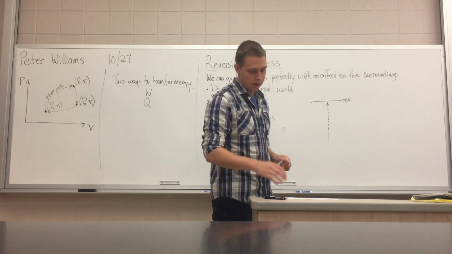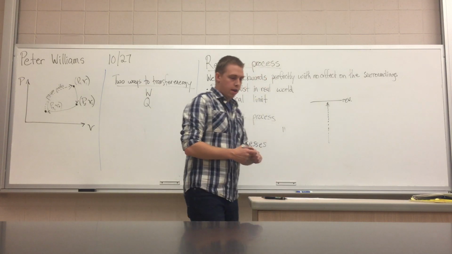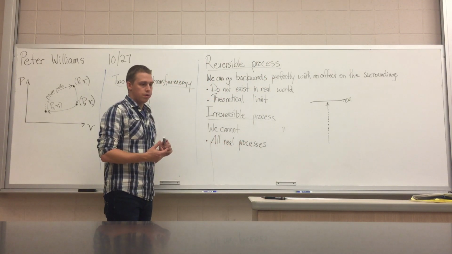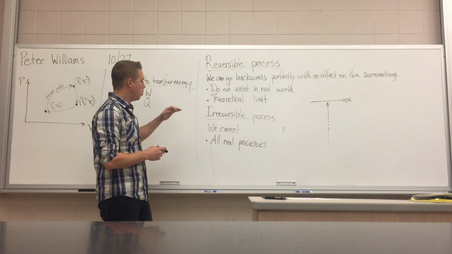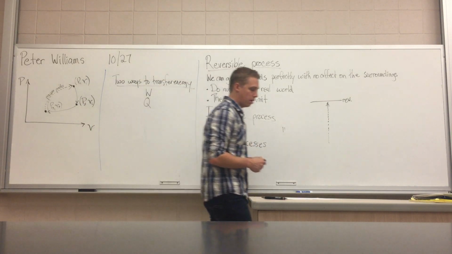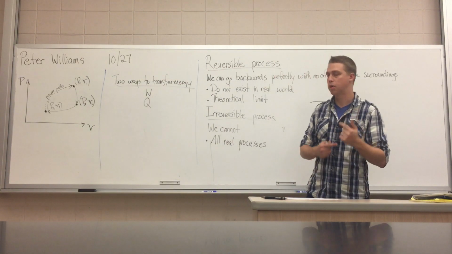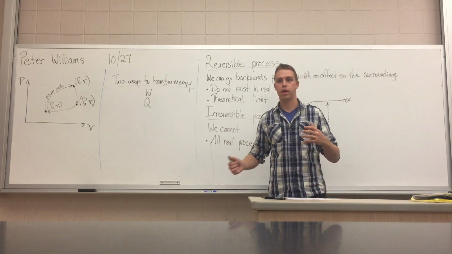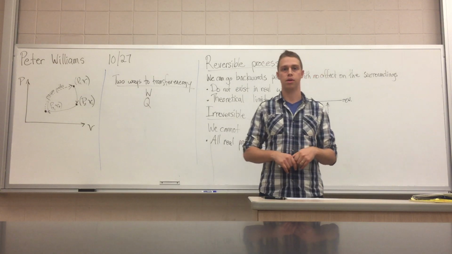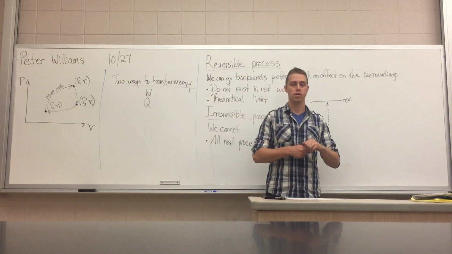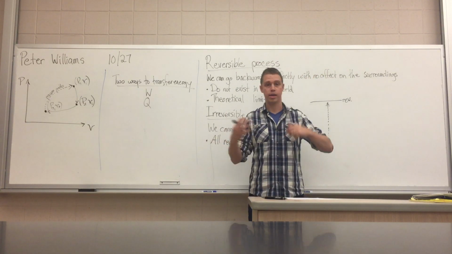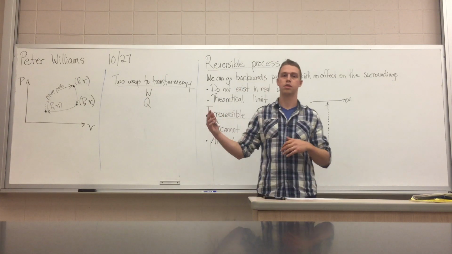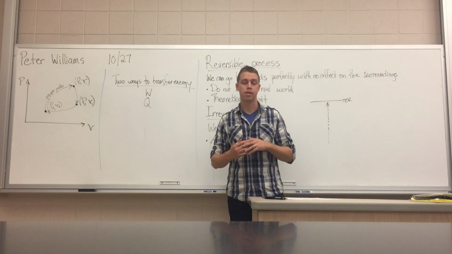Okay? Now, that brings us to the idea that we are going to start talking about cycles of processes. And in the future, down the road, there's basically a whole study of cycles that we're going to do. Famous cycles and what cycles things run on, like air conditioners and refrigerators and your car and things like that.